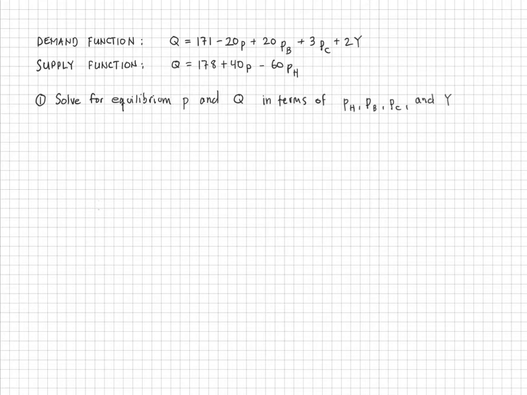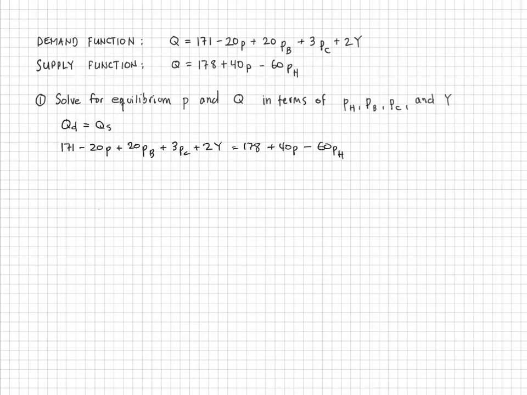We know that in equilibrium, quantity demanded will be equal to quantity supplied. So I'm just going to put these two functions equal to each other. So we have 171 minus 20p plus 20pb plus 3pc plus 2y equals 178 plus 40p minus 60ph.